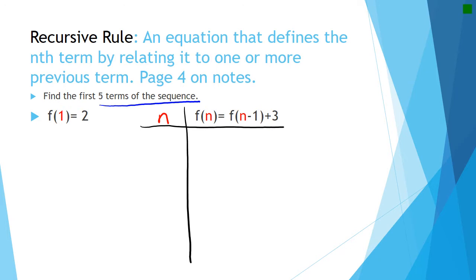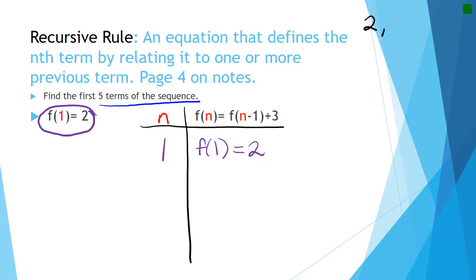So I'm going to go ahead and just write the first term. And the first term is written as f of 1. Well, look at that. Didn't they already tell us what f of 1 is? F of 1 is 2. So they've already told us that the first number in this pattern is 2. So I'm going to go ahead and write that down.